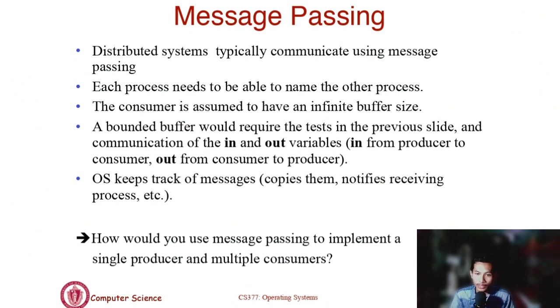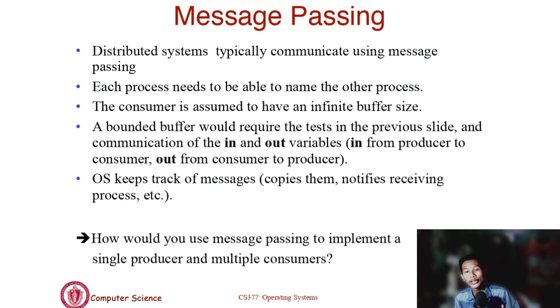This involves sending and receiving messages between processes to exchange information and coordinate activities. In message passing, each process needs to be able to identify the recipient process. This ensures that messages are delivered to the intended destination.